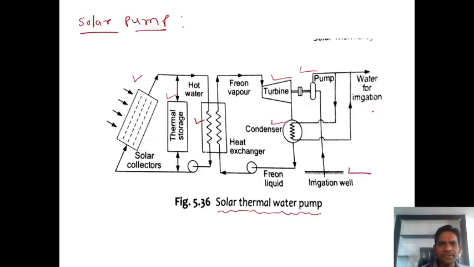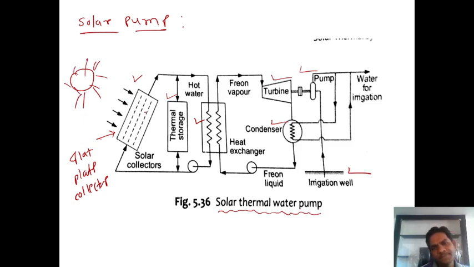If you observe here, so we know that this is the flat plate collector. This is a flat plate collector type. From the sun, the solar energy is incident on the flat plate collector, guys. Okay. Then after that, inside the flat plate collector, this is our pump.